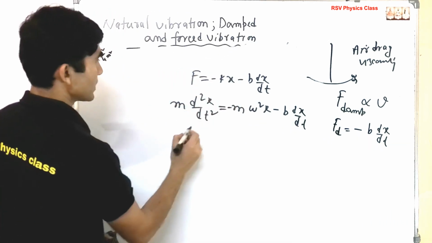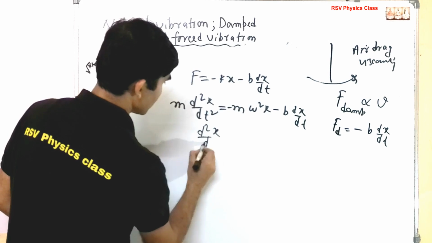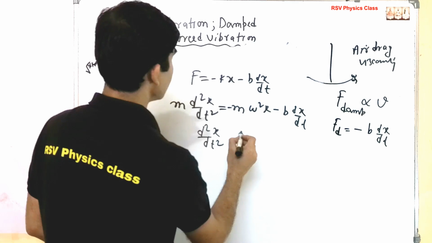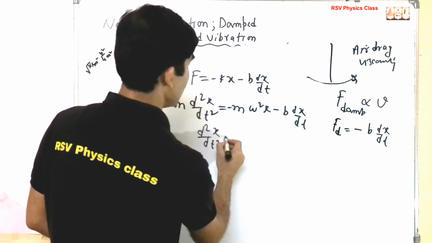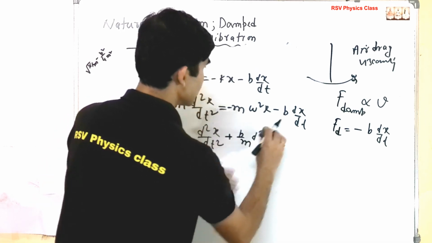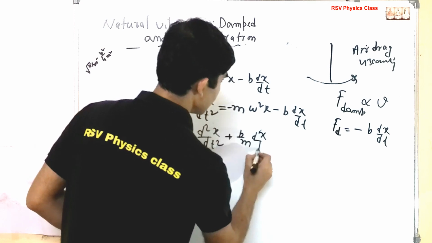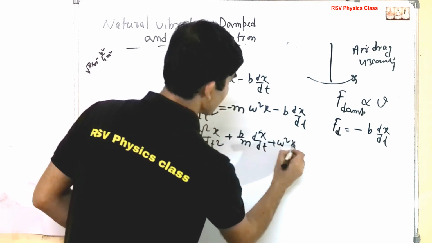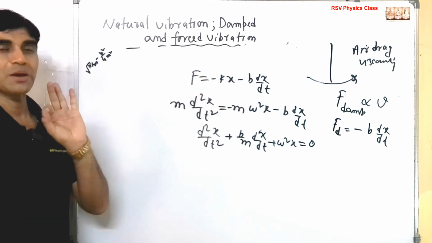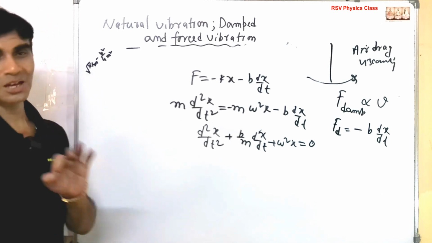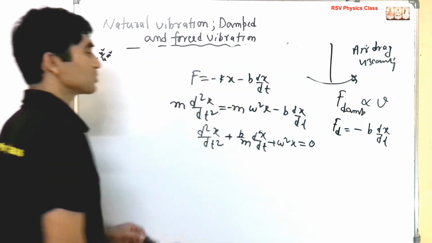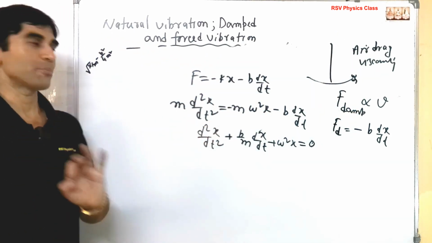So you can write d2x/dt2 plus b/m dx/dt plus omega square x equals 0. So this is a second order differential equation. When you are able to solve it, life will be simple. You will learn it a little later in class 12, but those who already know it, this is a recap for them.